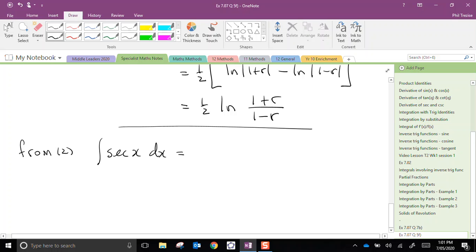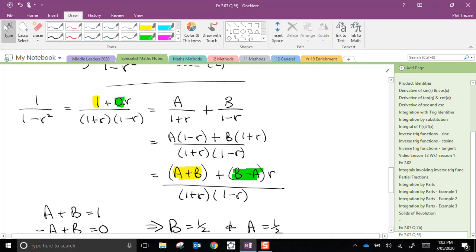And it was the integral of sec x dx. Now we've determined that to be 1/2 natural logarithm, I probably should have had some absolute value signs there, of 1 plus the sine of x over 1 minus the sine of x, plus an arbitrary constant of integration, of course.